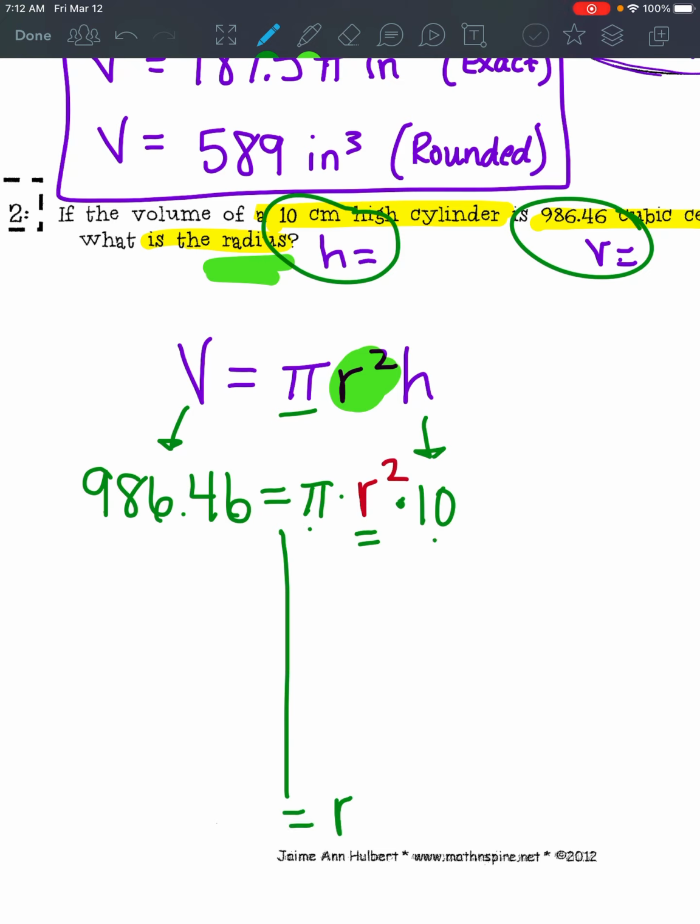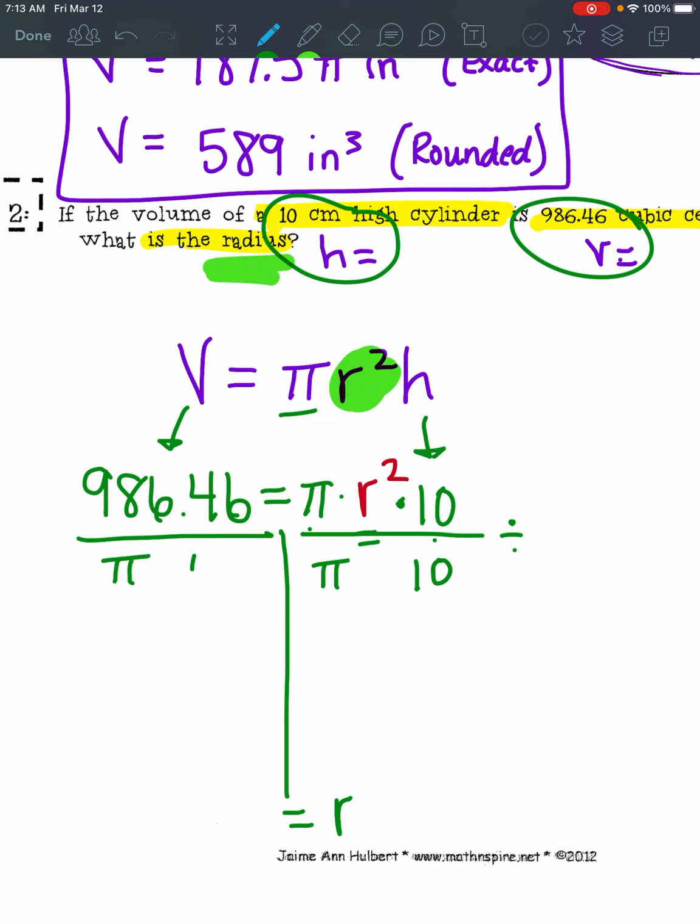So we need to get rid of this pi symbol, we need to get rid of the 10. Well, everything on the right side is being multiplied. So to undo that, remember, to undo an equation, we have to do the opposite. So we're going to divide by those pi and the 10. And we can actually do it at the same time.